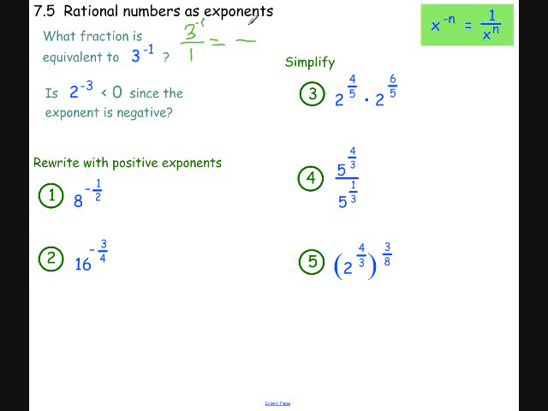So this is going to become 1 over 3 to the positive 1. Another question, is 2 to the negative 3 less than 0 because of this negative exponent? Before you answer that question, let's rewrite this 2 to the negative 3 without the negatives.